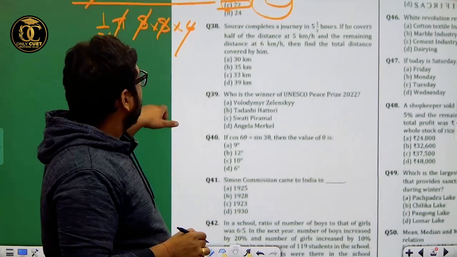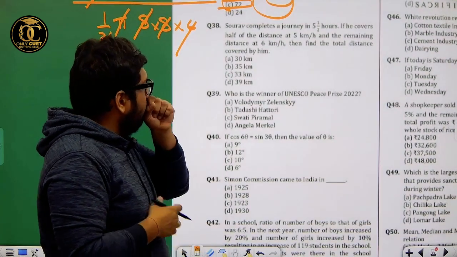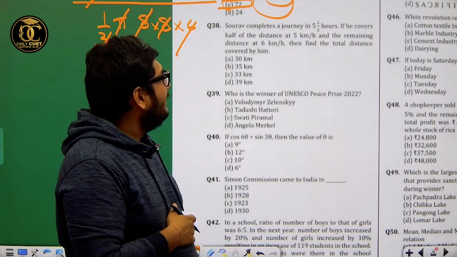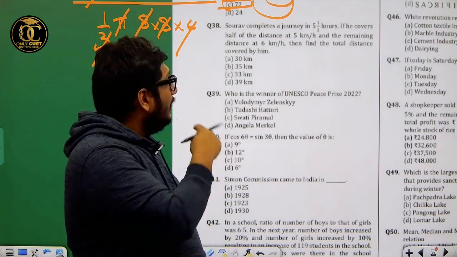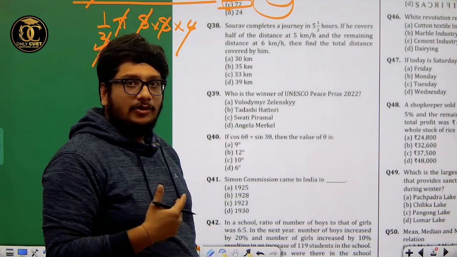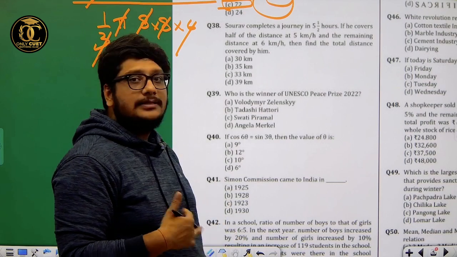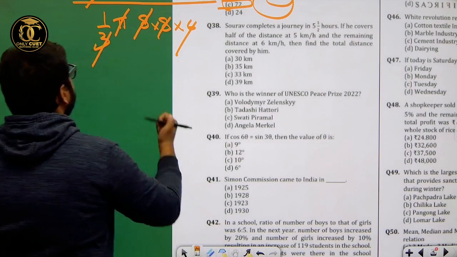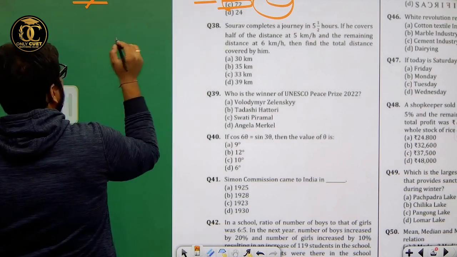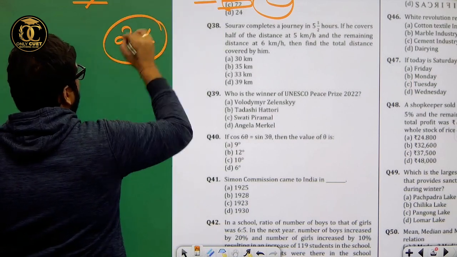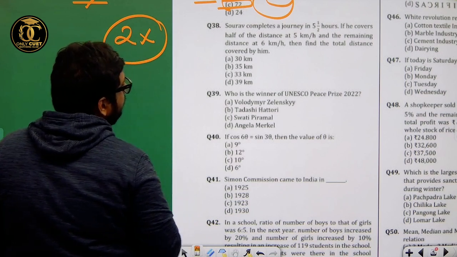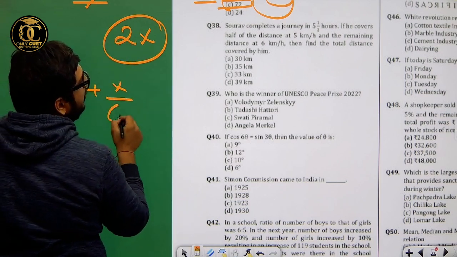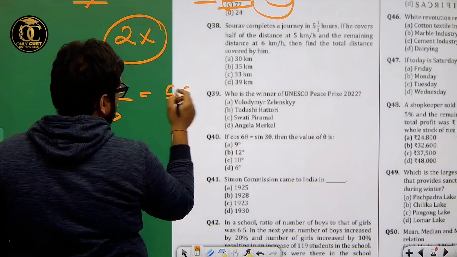Looking at question number 38. It says, Saurav completes a journey in 5.5 hours. If he covers half of the distance at 5 km per hour and the remaining distance at 6 km per hour, find the total distance covered by him. Let the total distance be 2x. Half the distance traveled at 5, that is x distance traveled at 5 plus x distance traveled at 6 gives me 5.5 hours.